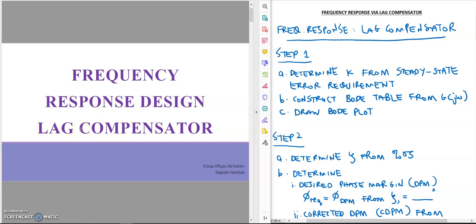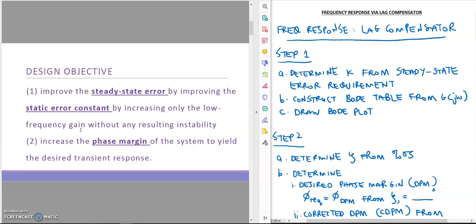So let's continue on the next topic, frequency response design via lag compensator. The design objective for lag compensator is first to improve the steady state error by improving the static error constant, either Kp position, Kv velocity or Ka acceleration static error constant, based on type 0, type 1 and type 2, by increasing only the low frequency gain without any resulting instability.